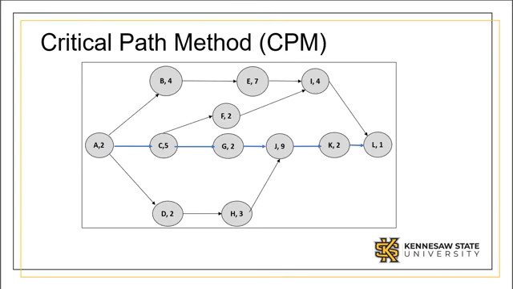The critical path method is very similar to PERT. PERT is organized by the event, whereas CPM is organized by the activity. Some may consider the difference between events and activities to be semantics, but in terms of PERT and CPM, there is a difference.